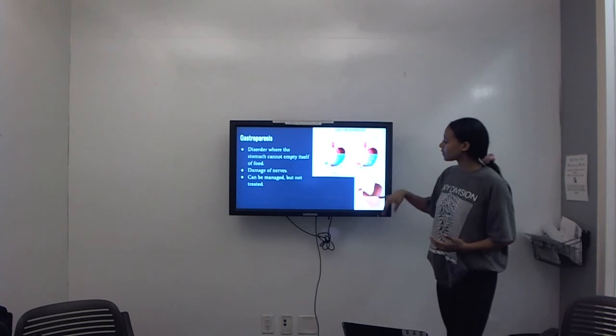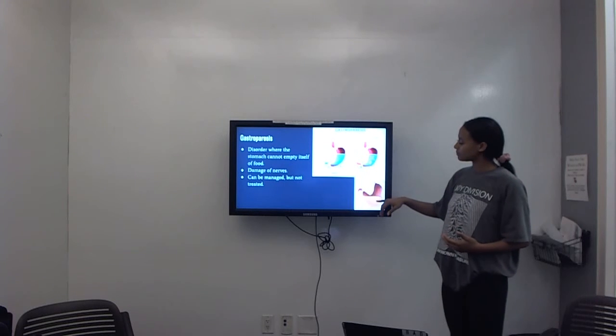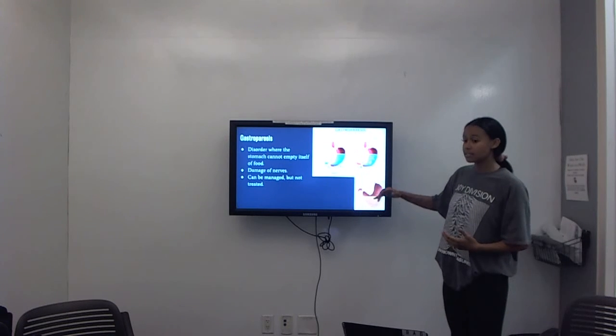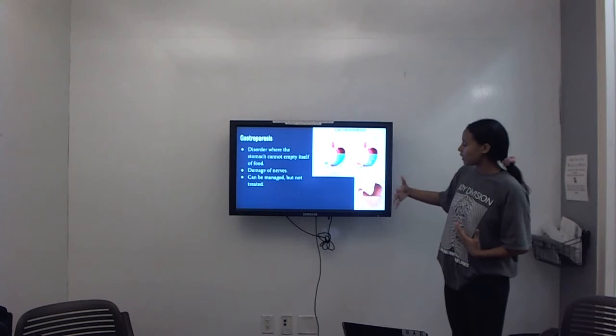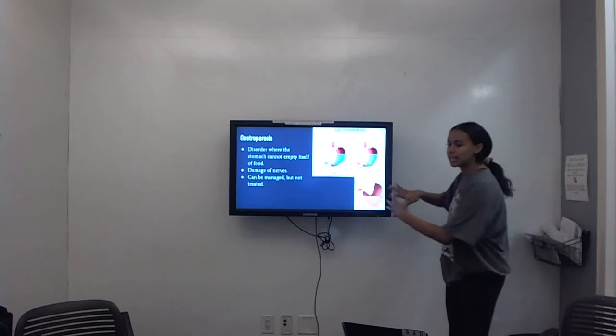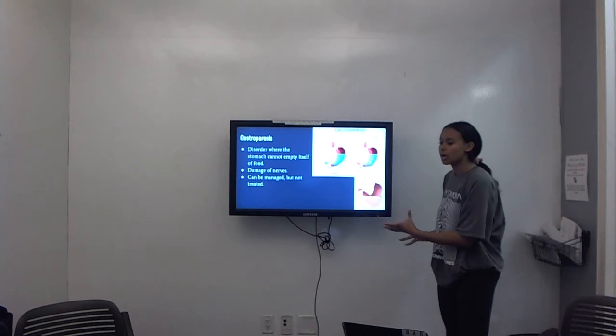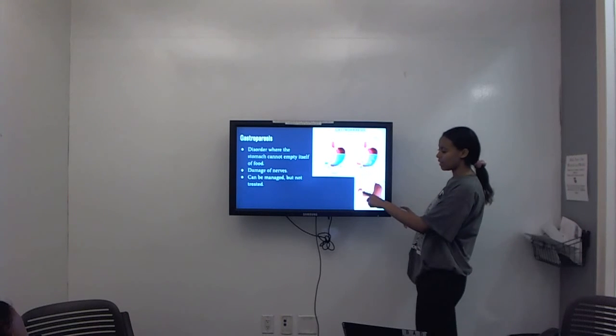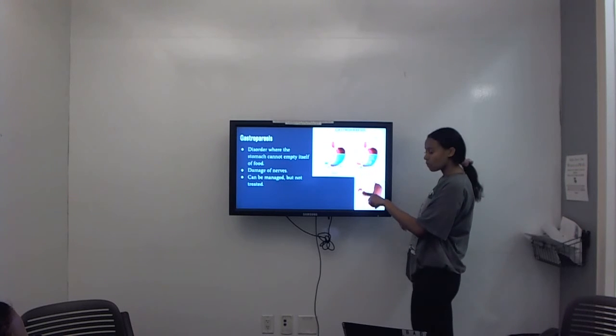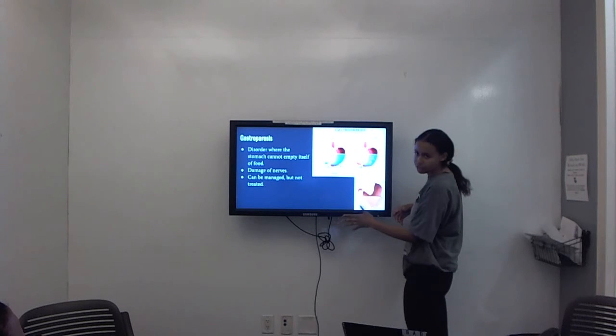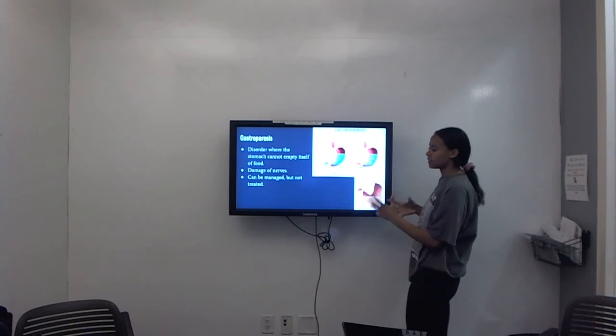So this picture is great. It shows how the opening of the stomach is open and it has all this food just sitting in the stomach and not being absorbed or anything. And then here's the end of the stomach, where it's not even being emptied out. There's no food being emptied out. It's just sitting in the stomach.